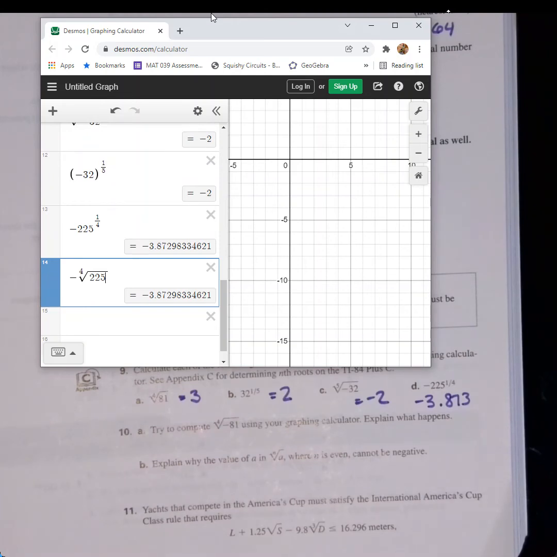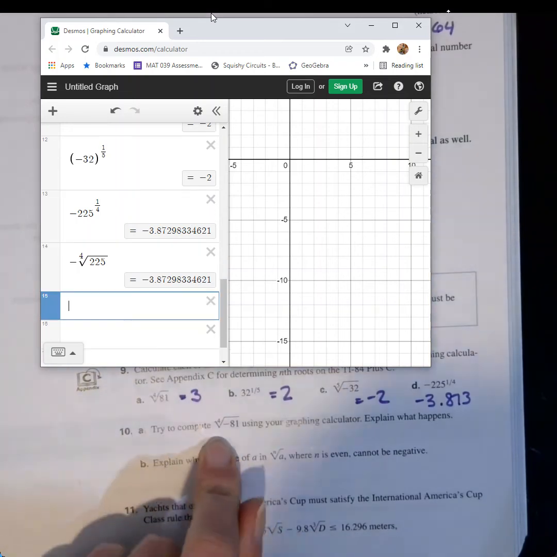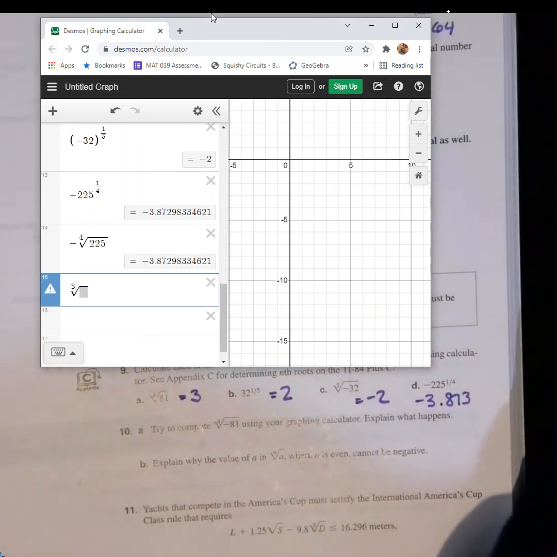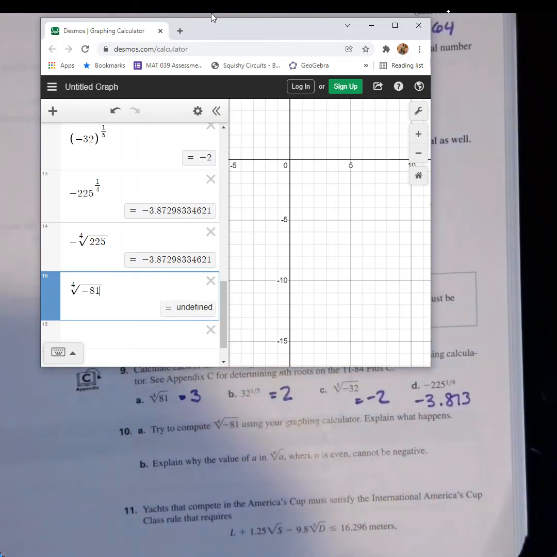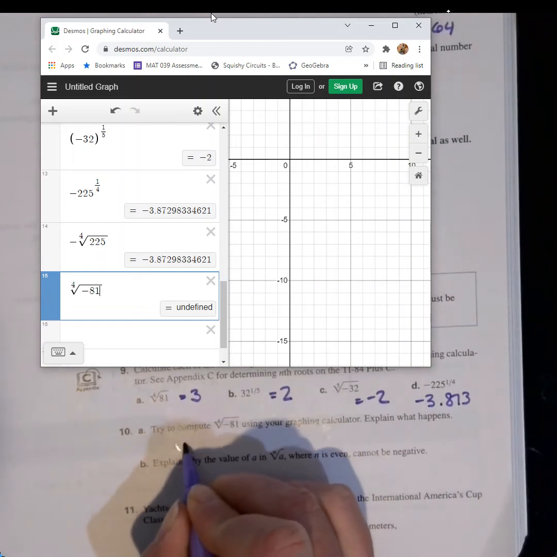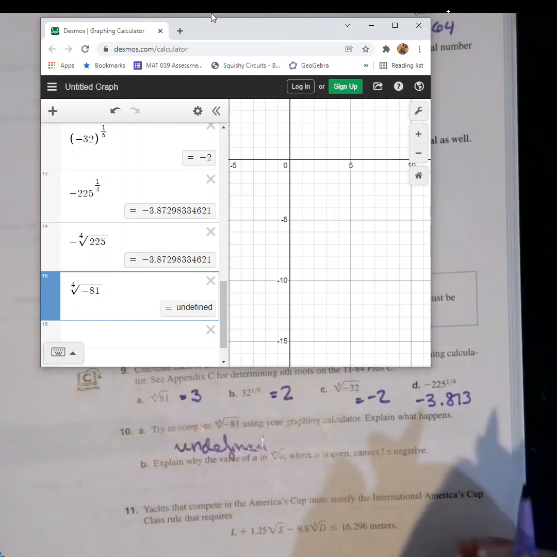Okay, I'm going to keep decimals up here because I've got to do another one where I try to compute the 4th root of negative 81, and it gives undefined. And why is it undefined?